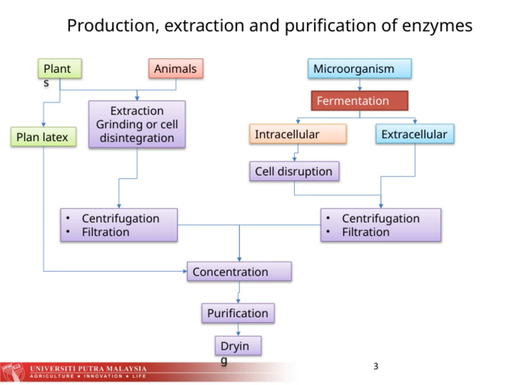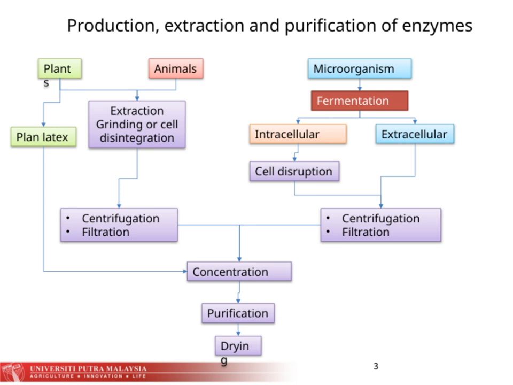Centrifugation helps us separate the heavier cellular debris from the liquid containing our target enzymes, while filtration further clarifies the extract by removing smaller particles. Next, we often perform extraction, which involves isolating the enzymes from other cellular components. This step may include additional purification techniques, like precipitation or affinity chromatography, to increase enzyme purity.